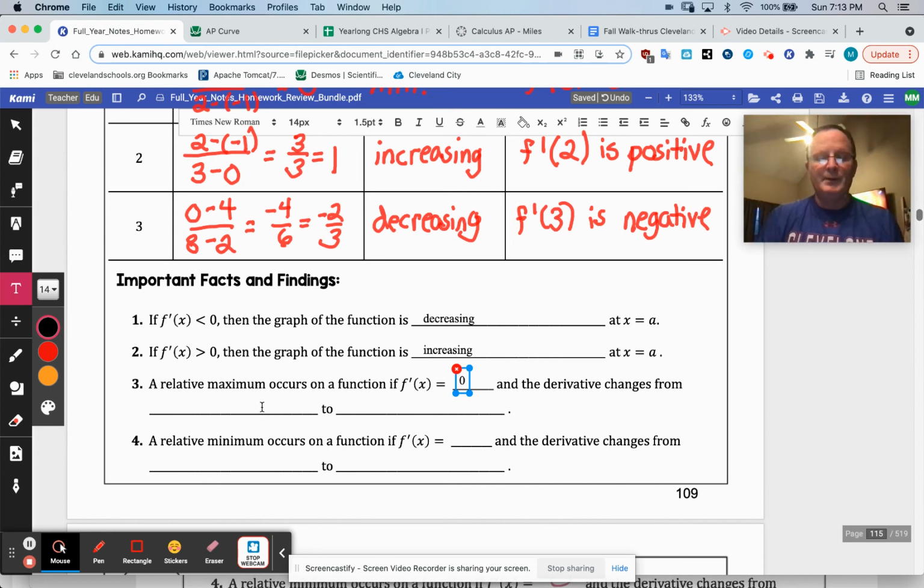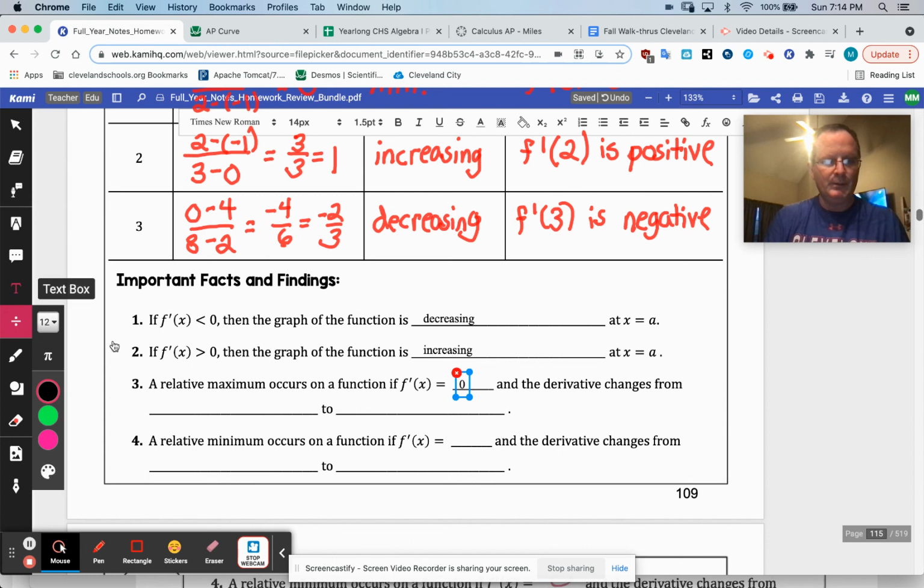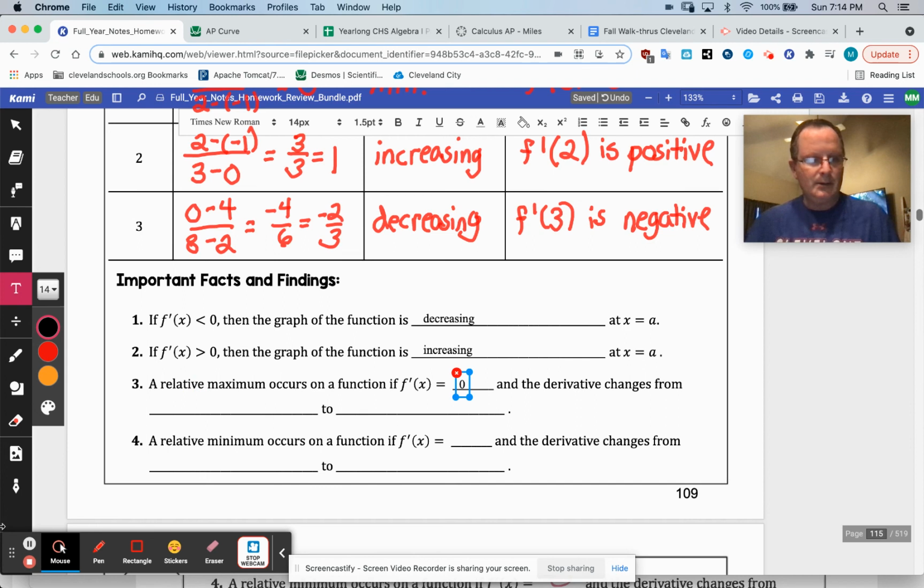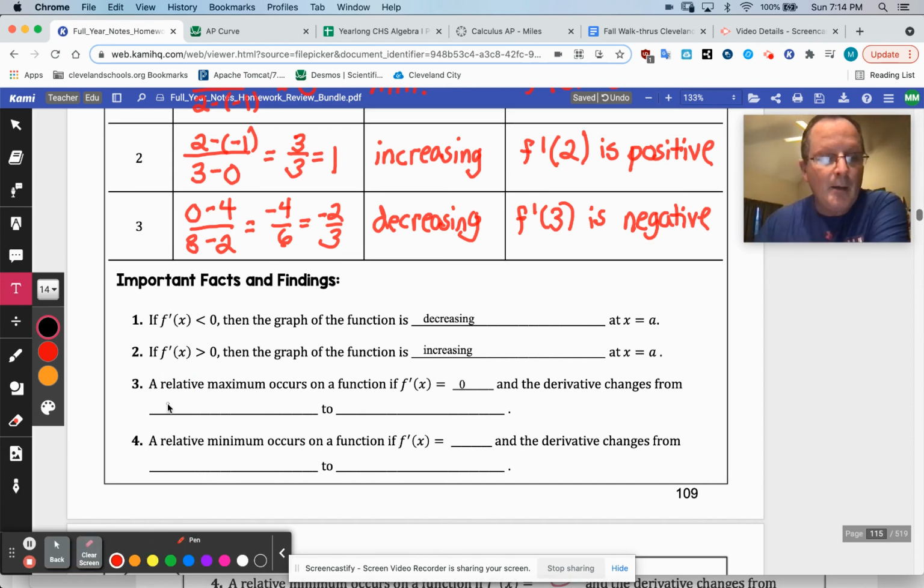A maximum occurs whenever you hit the top of a hill, and to get to the top of a hill, you had to come up. So when the derivative changes from positive to negative.